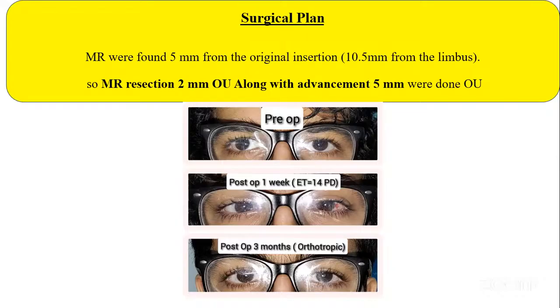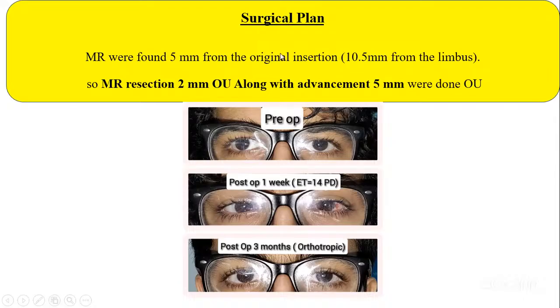Sir, what is the meaning of resection? What is the difference between the resection and the advancement? Resection, I resect part of the muscle. Advancement, I advance the muscle to the insertion. Advancement means that the muscle was 10.5 millimeter from the limbus, 5 millimeter away from the original insertion.